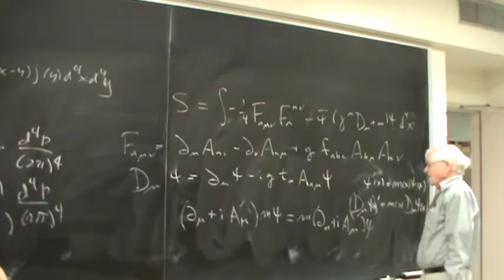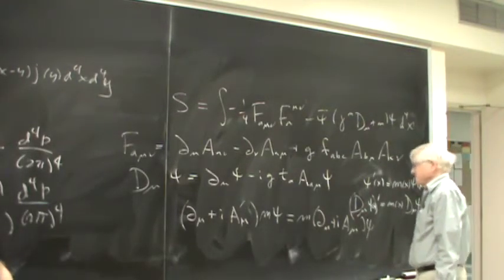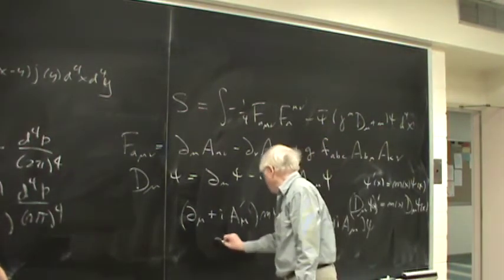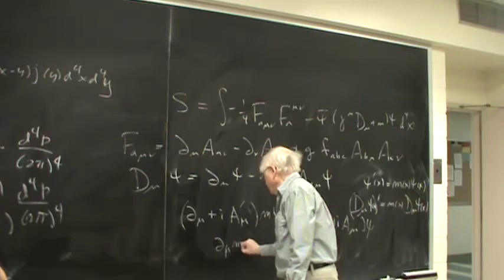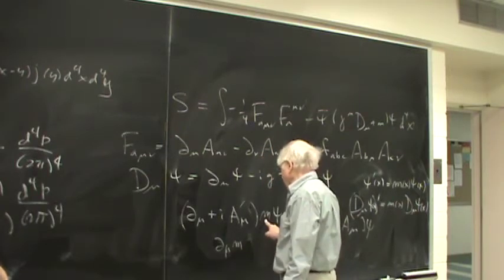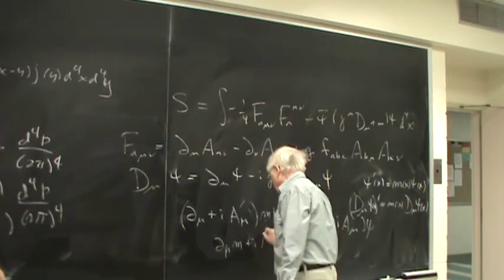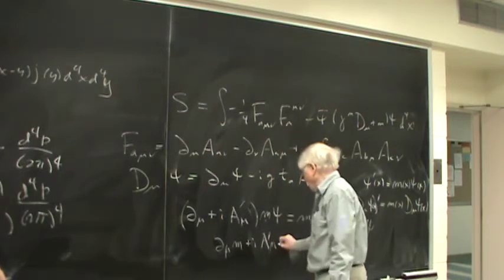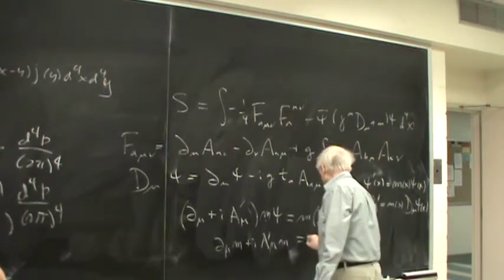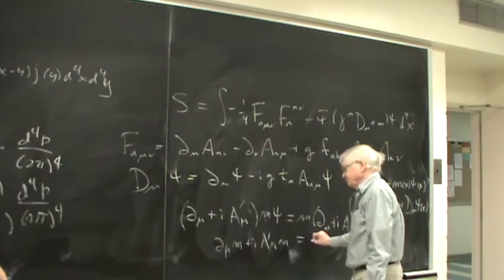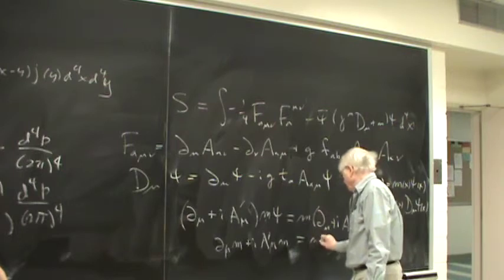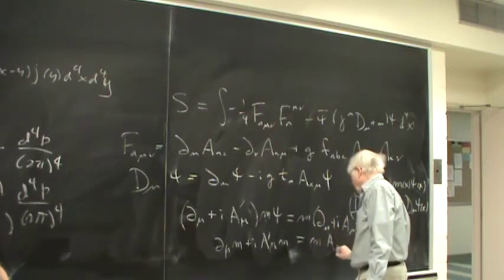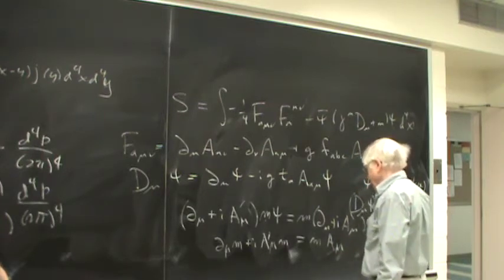Okay. And so this works as long as, see the extra term here is d_mu M plus i A prime_mu M is equal to M, I think I've got all the terms right.